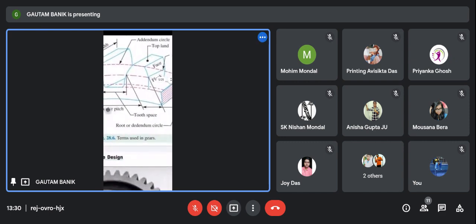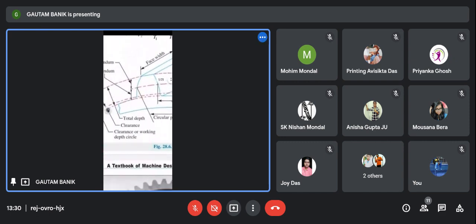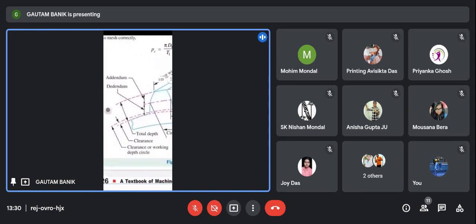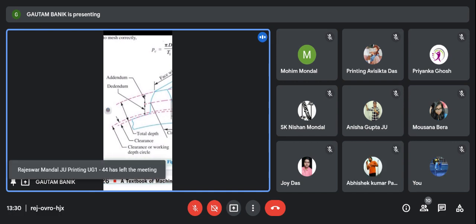From the pitch circle to the outer circle is called the addendum. Symbolically it is represented as HA. When I do the problems, we'll put the addendum, dedendum, etc.